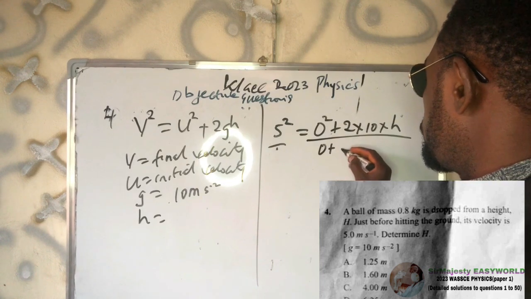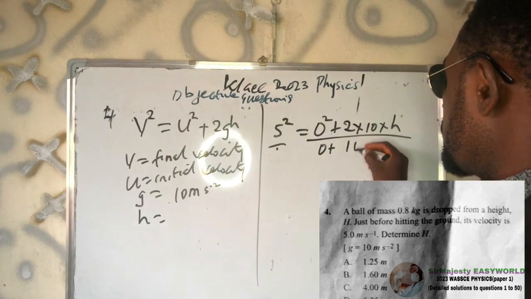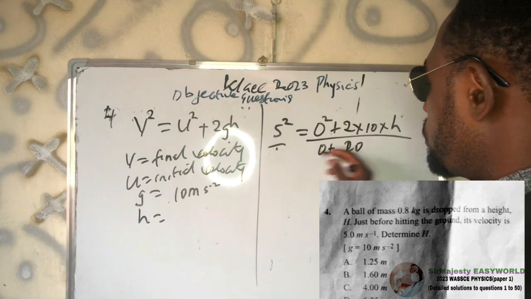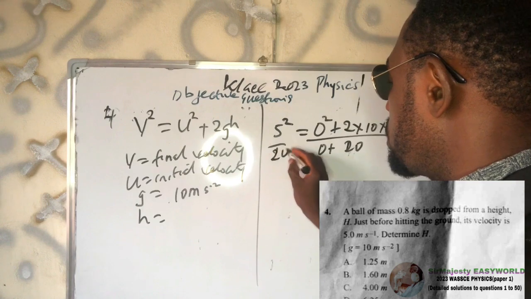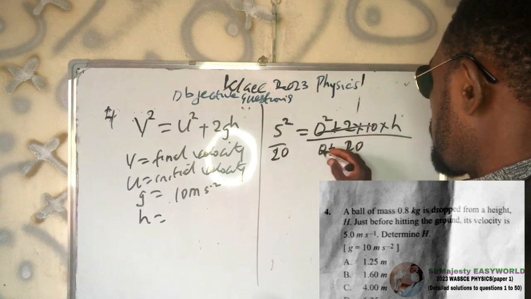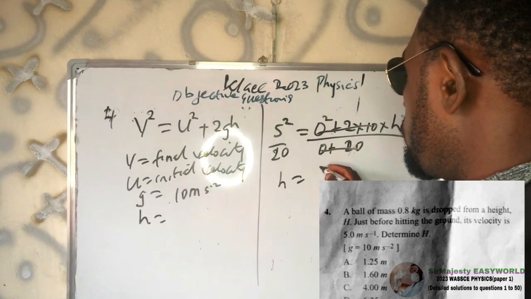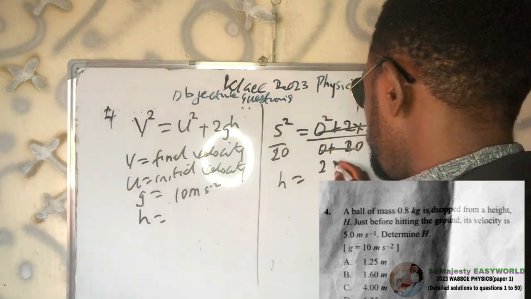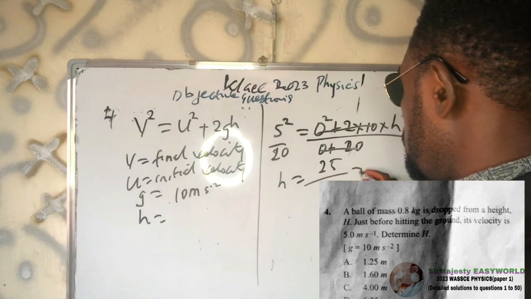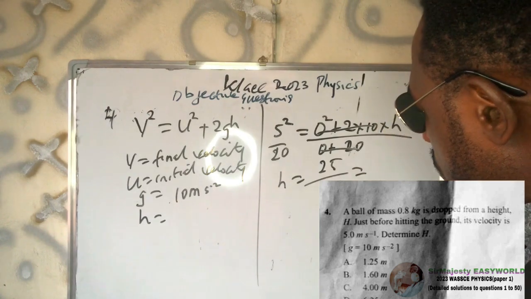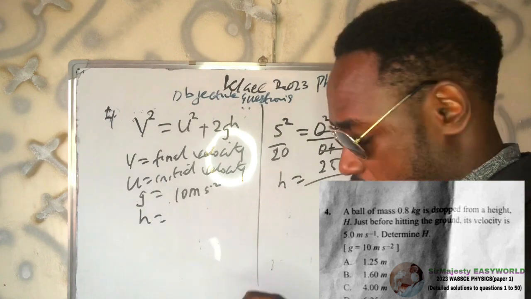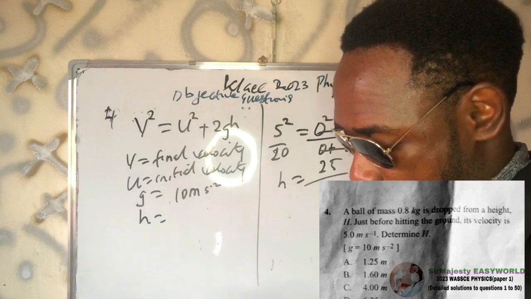0 squared is 0, plus 2 times 10 is 20. Then you divide the same thing here, such that h is equal to 5 squared, which is 25, divided by 20. From our calculator, this should give us 1.25.